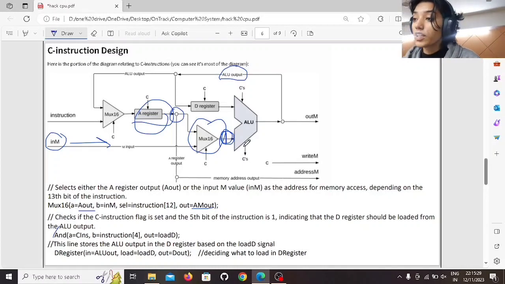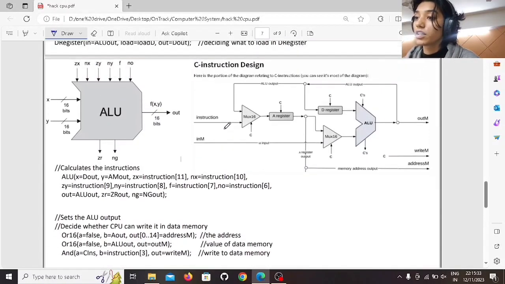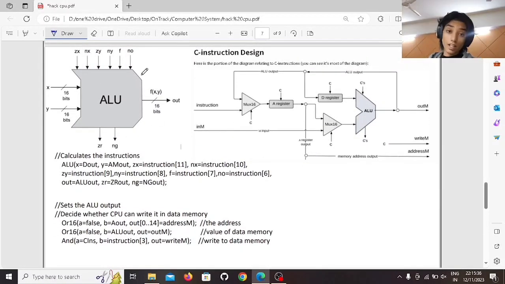Now moving on to the ALU. Talking about the ALU, we have 6 different flags. As you could see over here, we have X and Y. These aren't the flags. These are the flags: ZX, NX, ZY, NY, F, NO. So the flags I'm talking about are nothing but the computation bits.